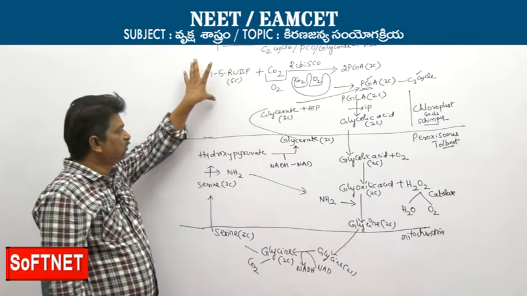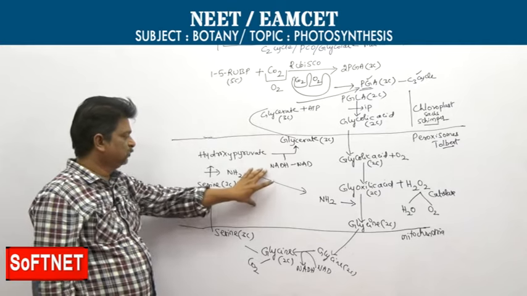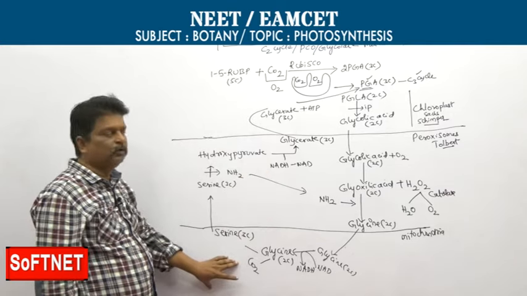So, photorespiration occurs in 3 cell organelles: chloroplast, peroxisome and mitochondria.